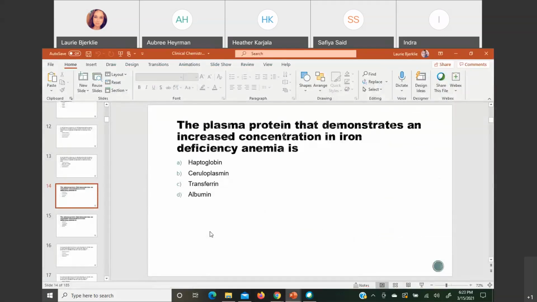So when we have iron deficiency, we increase the level of transferrin because we want it to transport our iron. We want as much iron as we can get because we're deficient in it. So that is correct. It would be transferrin. Haptoglobin is involved with hemoglobin, but it's more involved with hemolysis. So that doesn't apply here for iron deficiency. So it is transferrin.